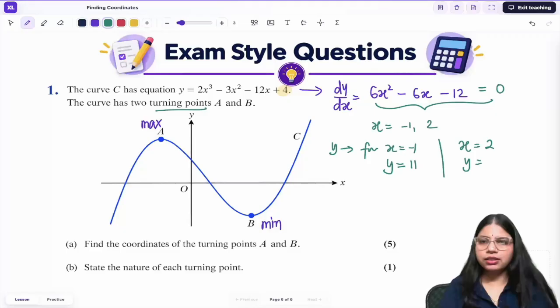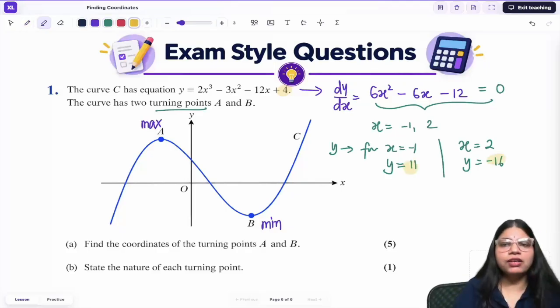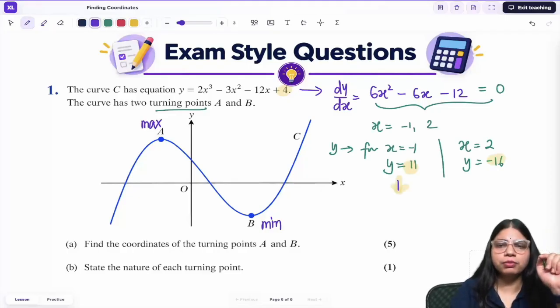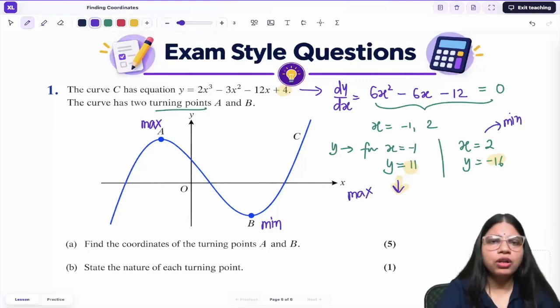Now again, the positive y is the top point and the negative y is the bottom point. So even if the graph is not given, we can identify that the first one, where x is negative, is the maximum point and the other is the minimum point. Hope that makes sense, and that's all to understand over here. Bye bye. Take care.